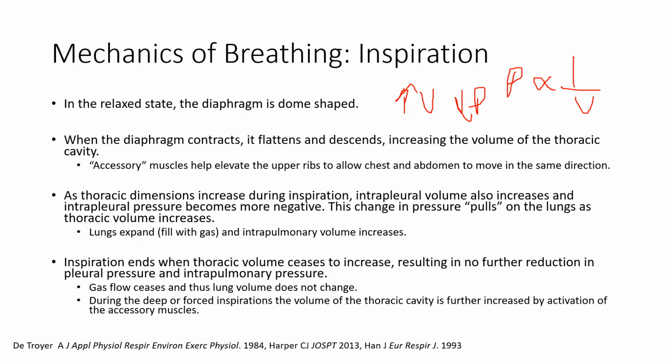If pressure in the alveoli is lower than atmospheric, it will draw air into the lungs from the atmosphere. Pressure goes from high to low. Inspiration ends when thoracic volume ceases to increase, with no further reduction in pleural or intrapulmonary pressure, and then no more air comes into the lungs.